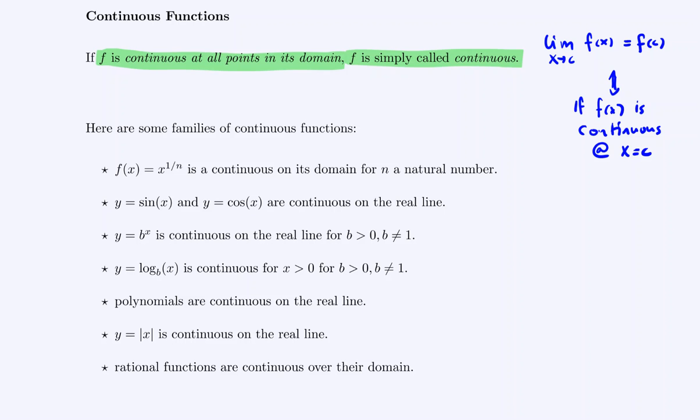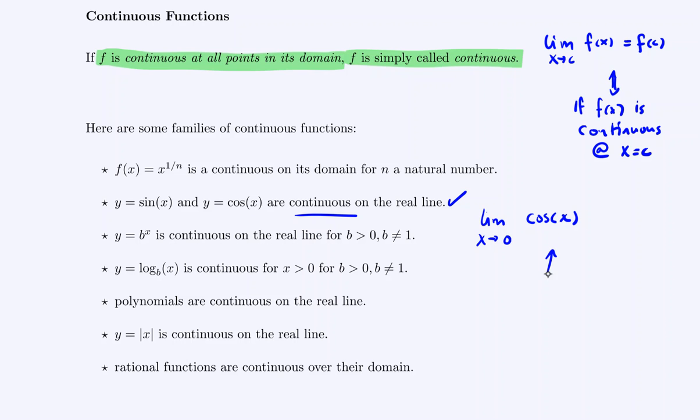So let's think about this. We're told that sine of x and cosine of x are continuous on the real line. So what if we asked about the limit as x goes to 0 of cosine of x? One thing we could do is draw a graph, or make a well-made table to determine that value.